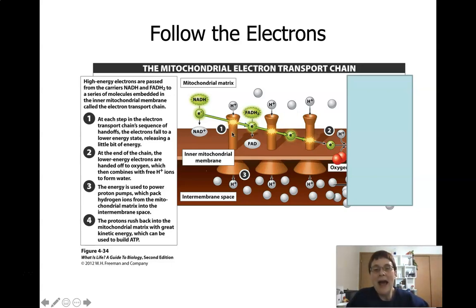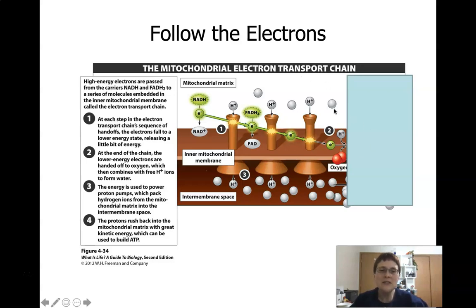So what happens with the electron transport chain, those hydrogens get pushed across by the pumps, and the electrons are being pulled, not just to give their energy up, but they're being pulled actually by the oxygen down here. So that oxygen works like a magnet, so that every little bit of energy gets pulled out of the electrons.